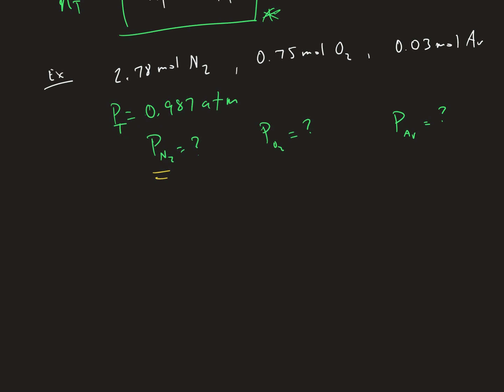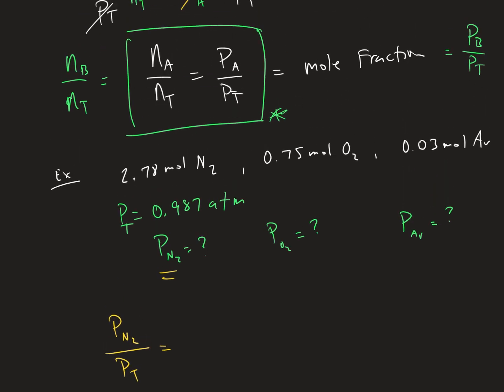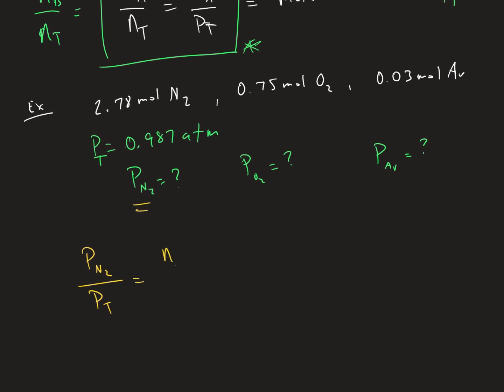So let's find the partial pressure of nitrogen over the total pressure is equal to what? The number of moles of nitrogen over the total number of moles. Are we good? Okay. We're looking for that.